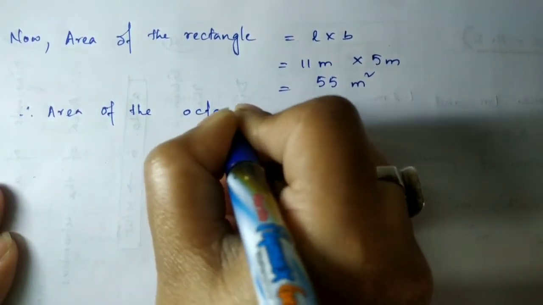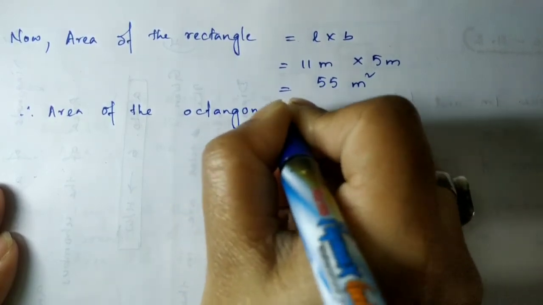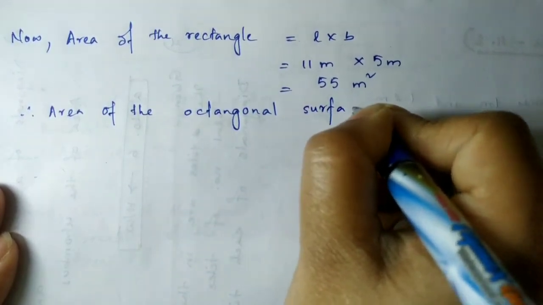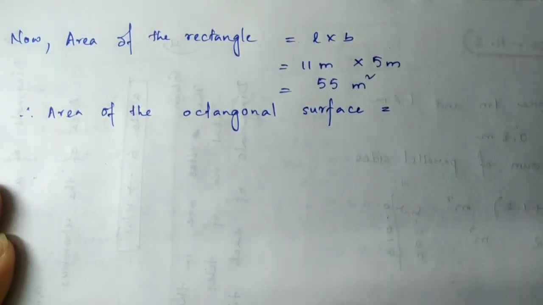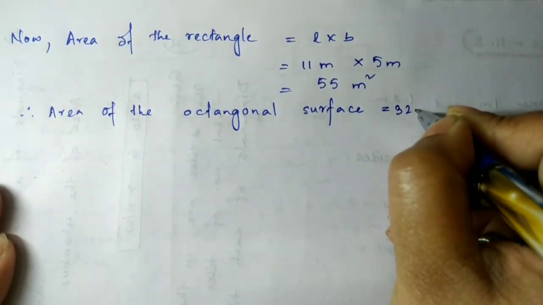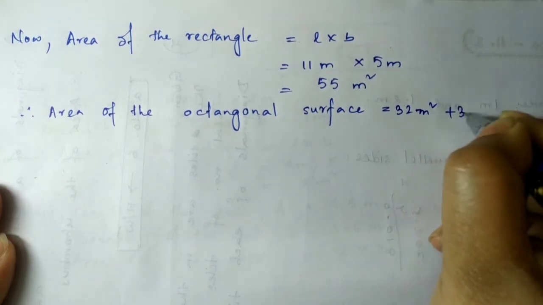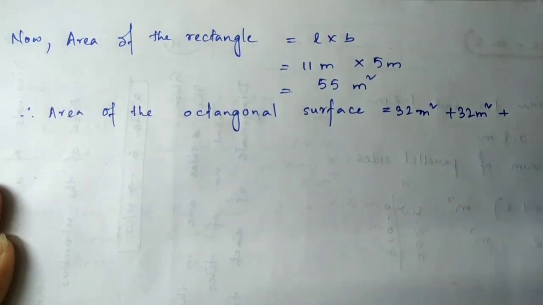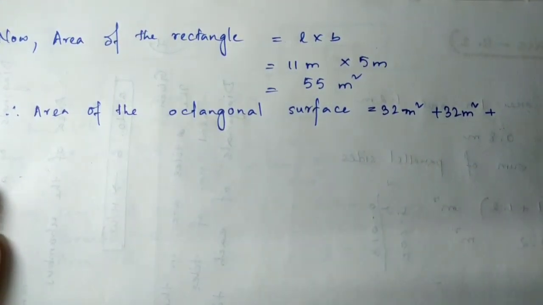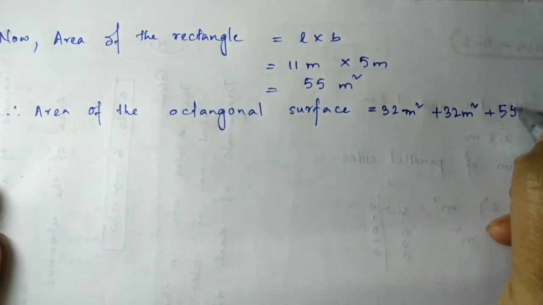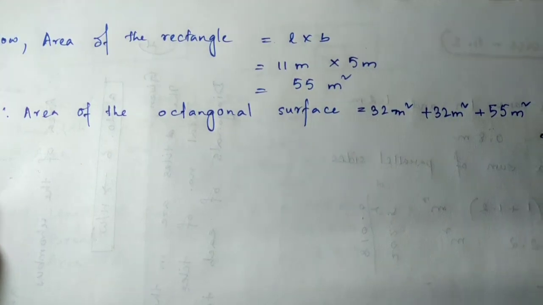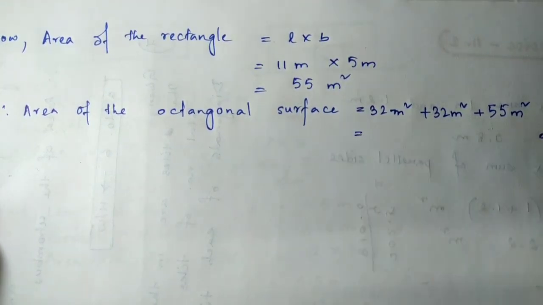Therefore the area of the octagonal surface will be equal to what? I'll just add them up. It will be equal to 32 meters square plus 32 meters square plus what I have got, 55 meters square. Okay, let's add them.